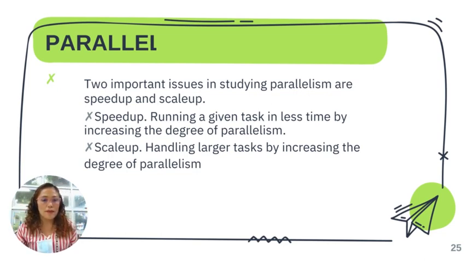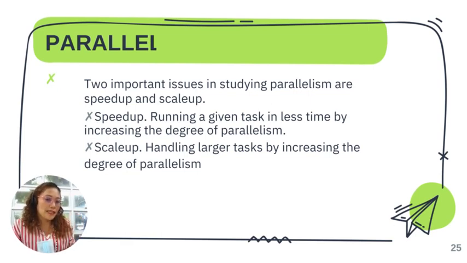So speed up, that is given a single task, in order for that single task to be completed in a shorter span of time, from one processor it will be increased to two or more processors so that that task can be finished in less time.